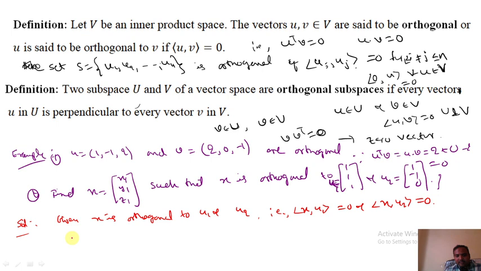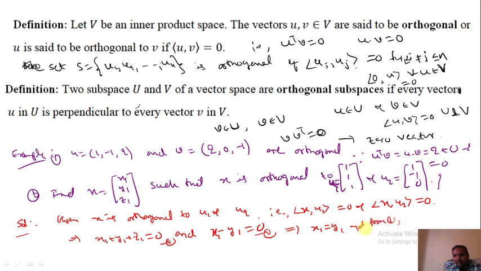Now the dot product of x and u1 gives x1 plus y1 plus z1 equals 0, and the dot product of x and u2 gives x1 minus y1 equals 0. One free variable is there. From the second equation we can write x1 equals y1. Calling these equations 1 and 2, from 1 substitute x1 equal to y1.